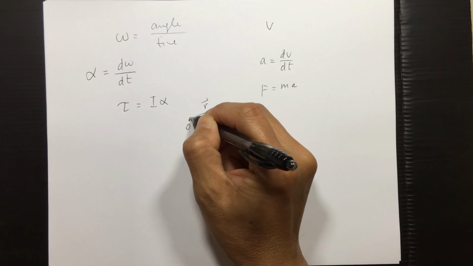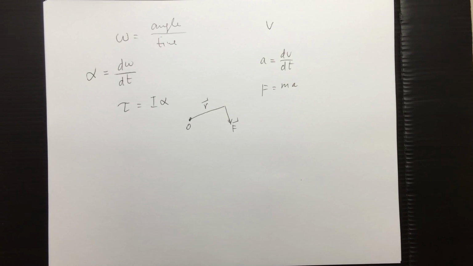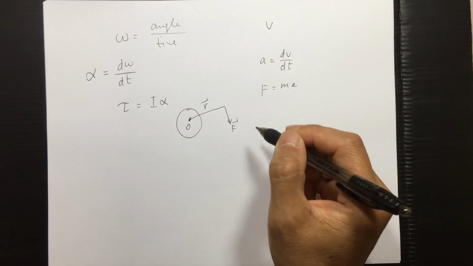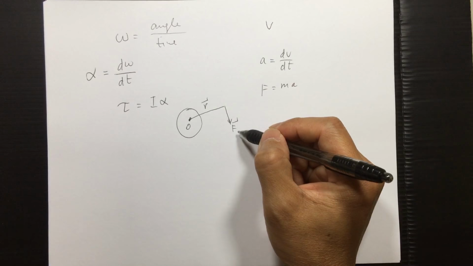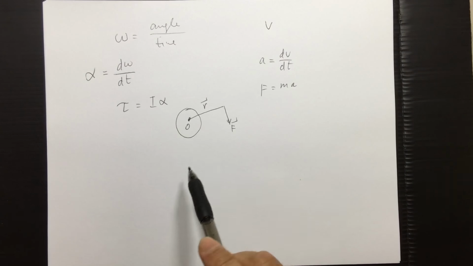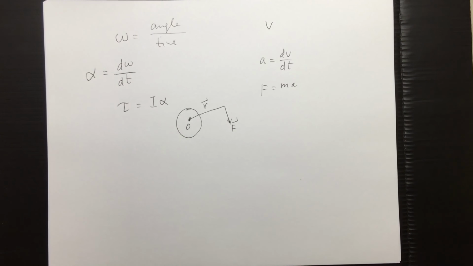At the point O, this F caused a rotational force on the point O. Let's say this is an object here, right? You put an F to it, right? This creates a tendency for this thing to rotate.